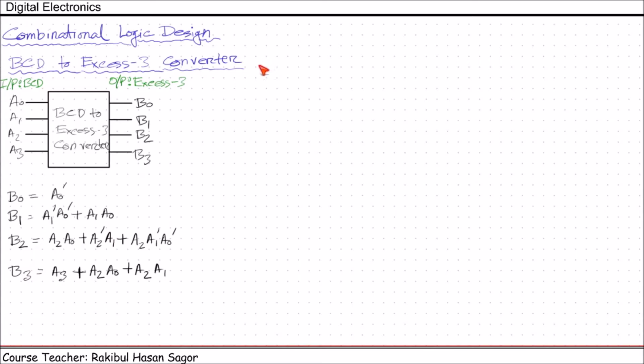Now let's draw the logic diagram. There are 4 inputs: A0, A1, A2, A3. The output B0 is A0 prime. This is the B0 output.